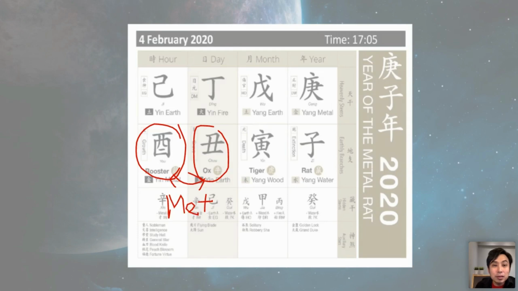So metal is also a wealth element. So it's already confirmed to you that the wealth element is much stronger inside. Okay, this chart is very clear. There is no confusion to it.